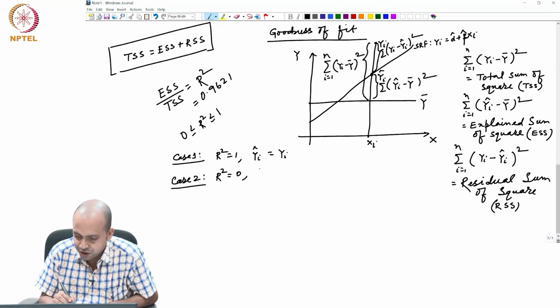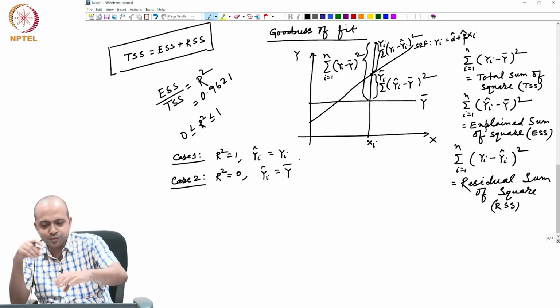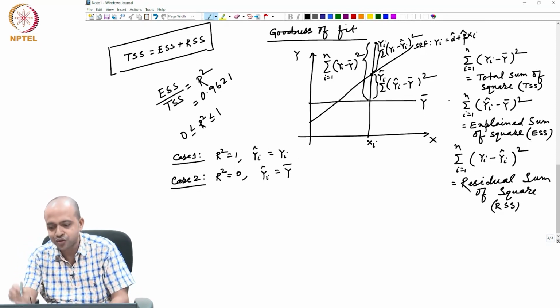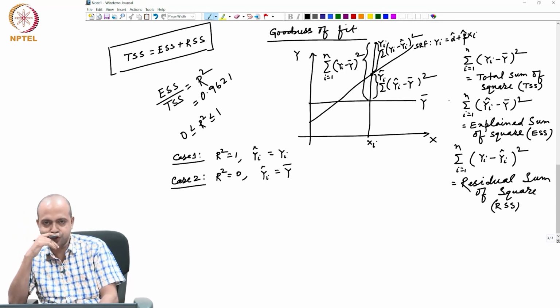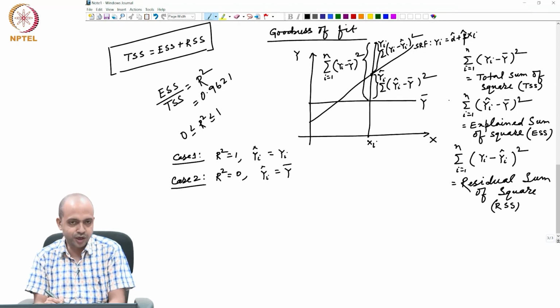That means your yi hat is actually your y bar. So the average value of yi is the best prediction for this model, since my explanatory variable does not have any explanatory power. These are the two extreme, theoretical possibilities.